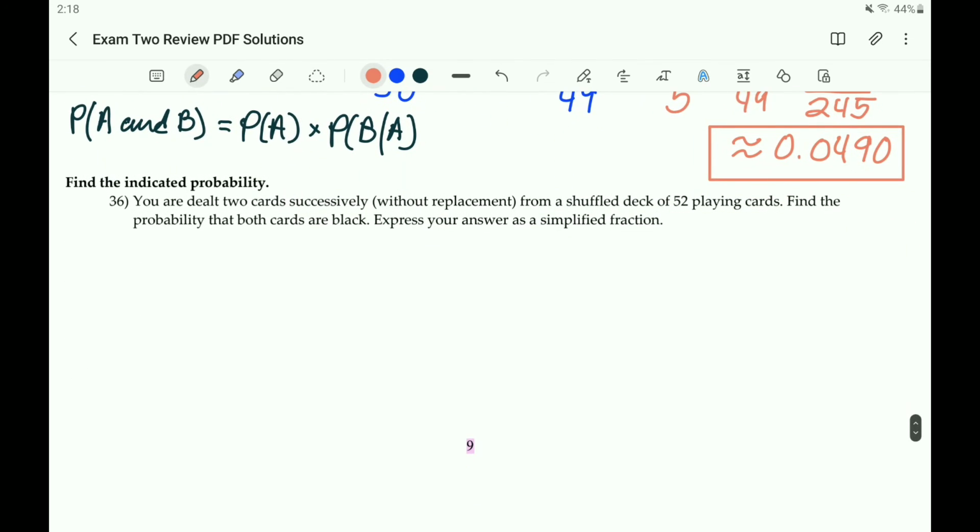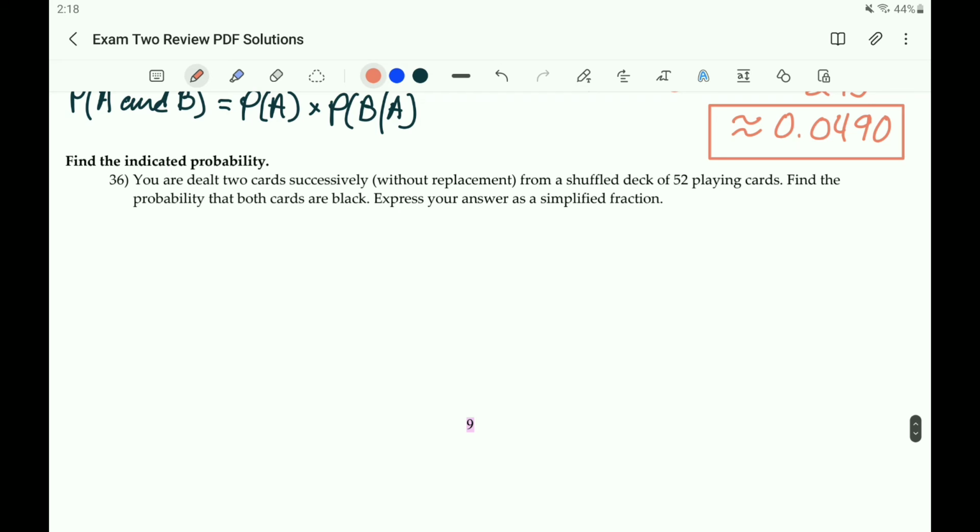Number 36. If you are dealt 2 cards successively without replacement from a shuffled deck of 52 playing cards, find the probability that both cards are black. Express your answer as a simplified fraction. So you want to find the probability of 2 black cards.